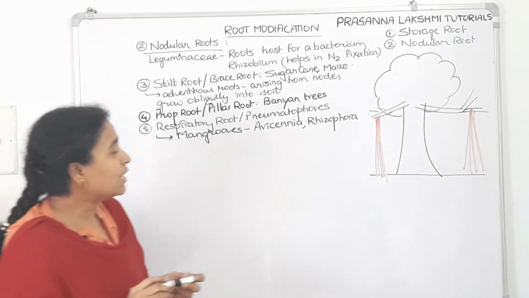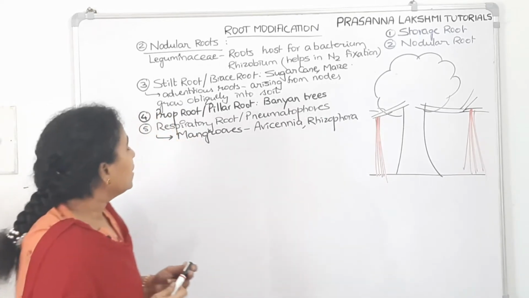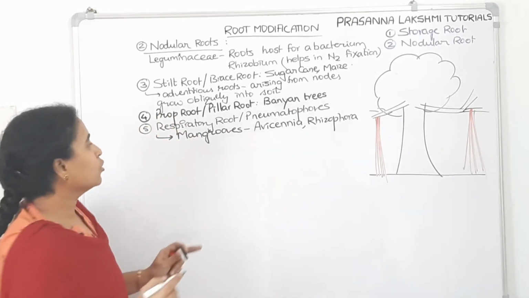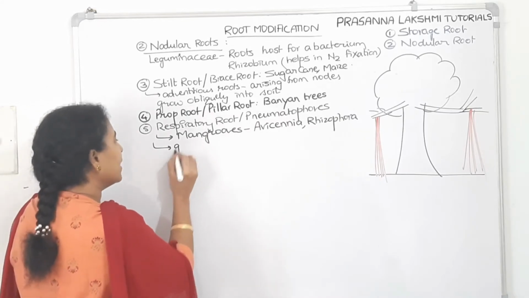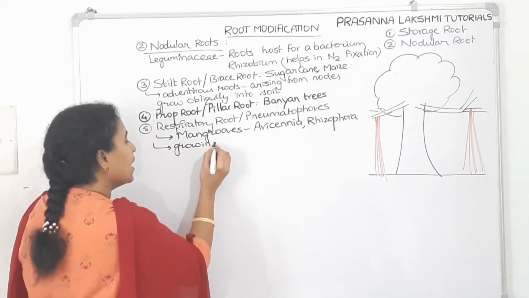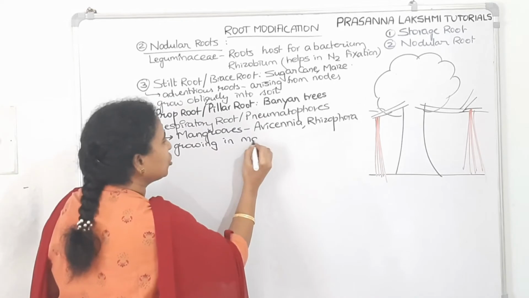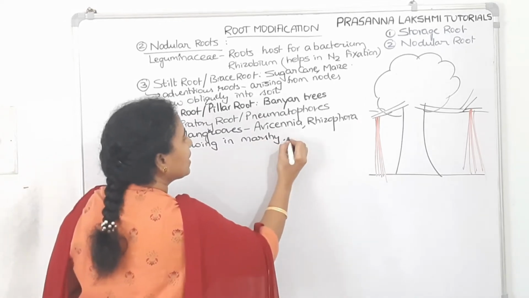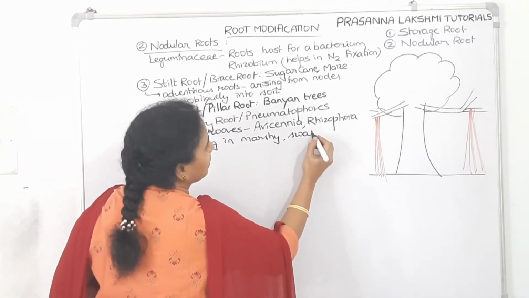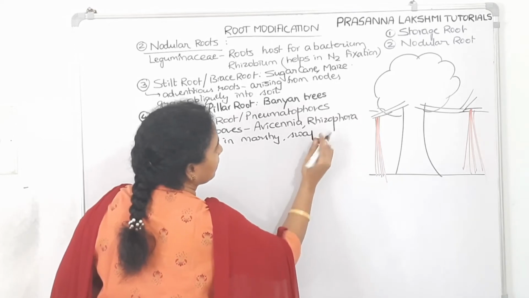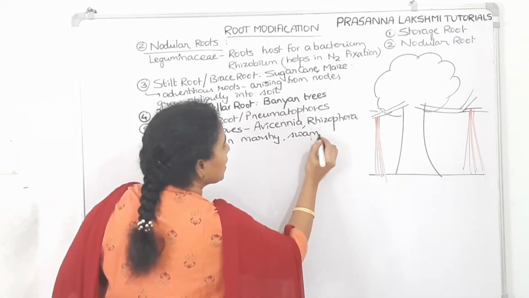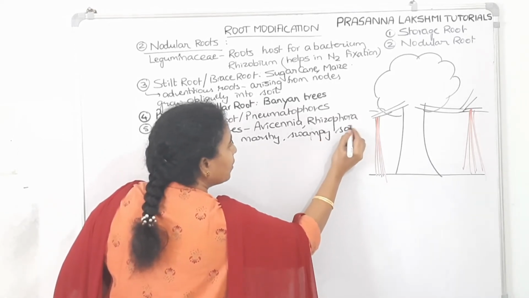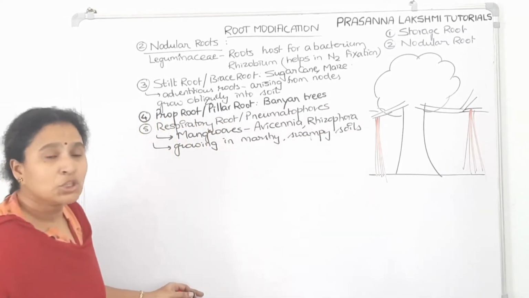These plants, Avicennia and Rhizophora, are growing in marshy, swampy soils.